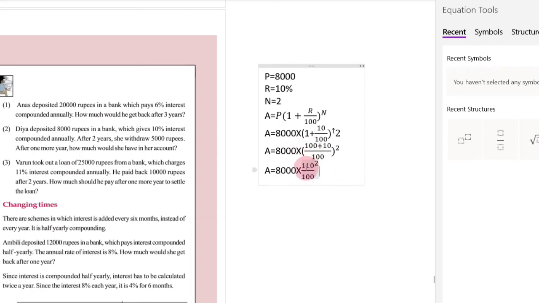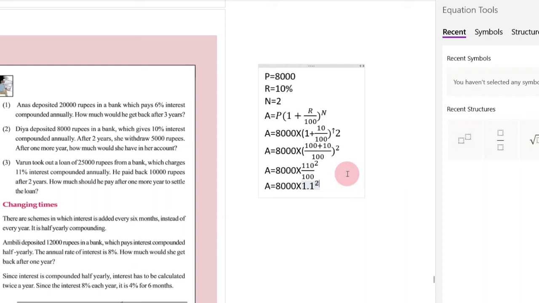So we have 1.10, which we can write as 1.1. So 8000 into 1.10, which is 1.1, the whole square.